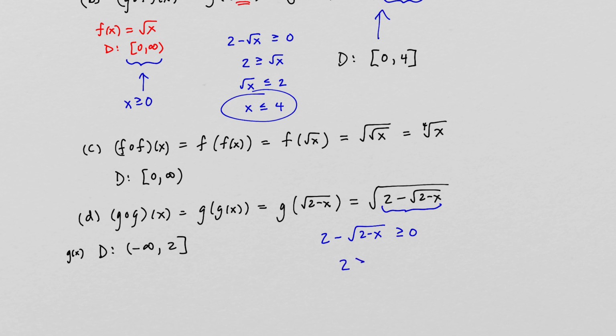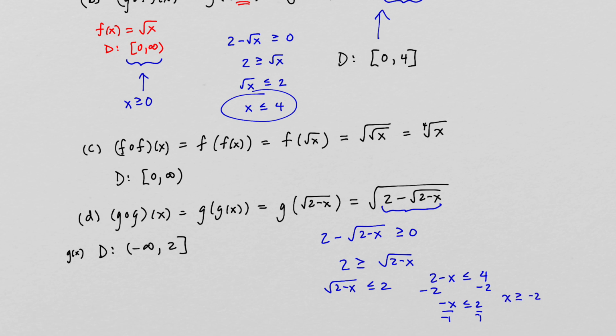And this means 2 must be greater than or equal to the square root of 2 minus x. Or I can write that as the square root of 2 minus x must be less than or equal to 2. If I square both sides, I get 2 minus x is less than or equal to 4. And now if I just solve for x, I can subtract 2 here. And then when I divide by -1, I'm going to get x is greater than or equal to -2.